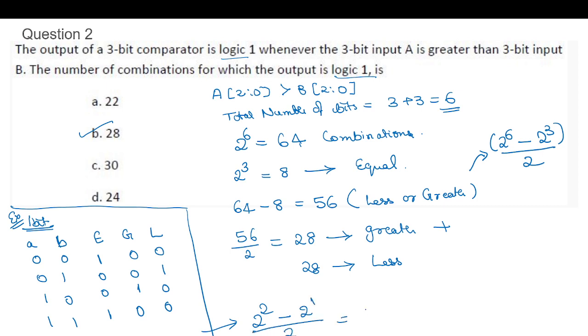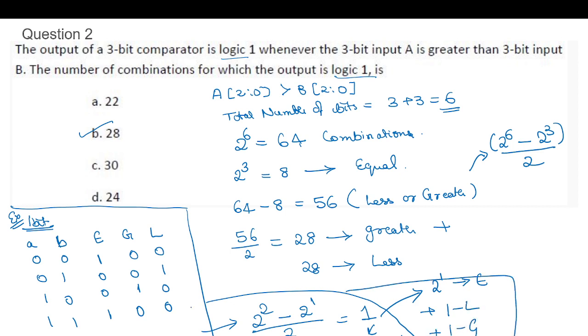So I will get 1. So only one combination will be greater, plus one combination will be lesser, and this number of bits is like 2 to the power 2. So here if I want to split it, 2 to the power 1 will have equal, plus 1 lesser, 1 greater.